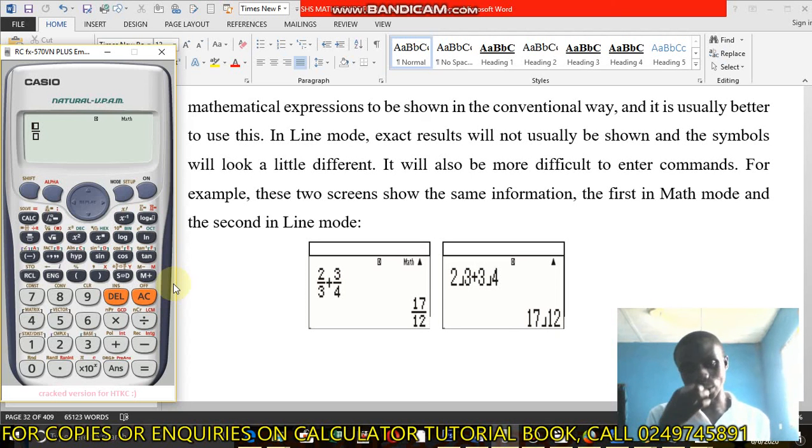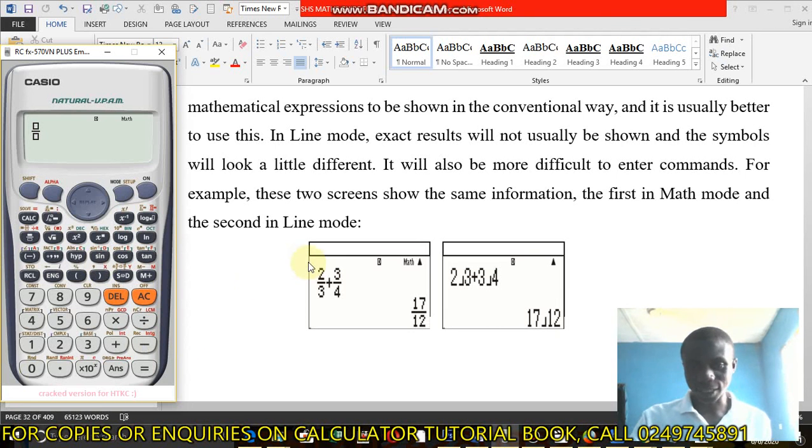You see, this is interesting. So this is when your calculator moves from math IO to the line IO, you should be able to deal with it and you'll be able to convert it.